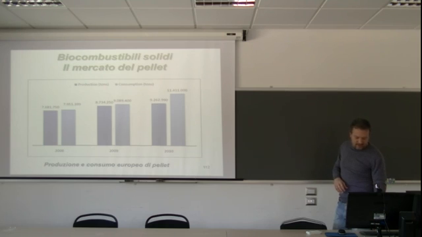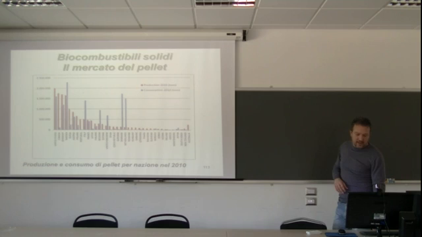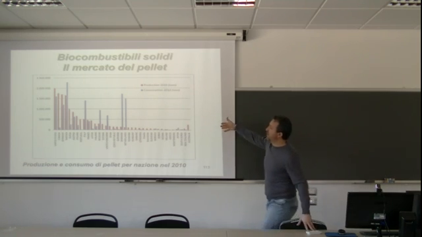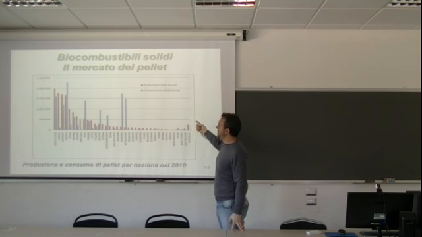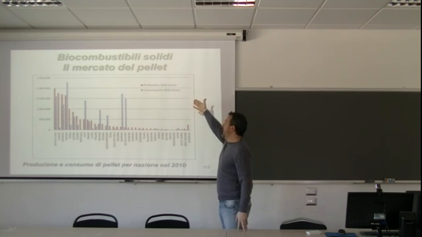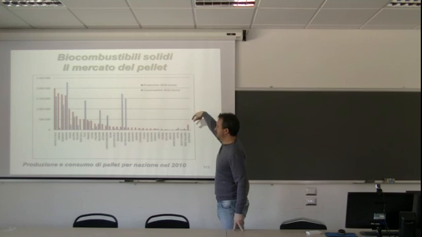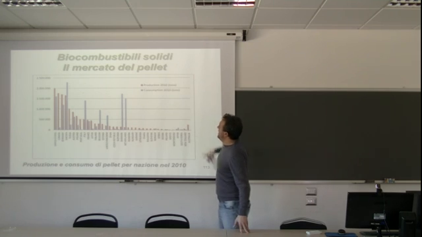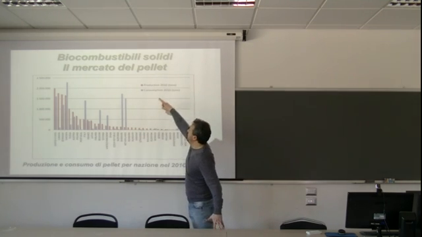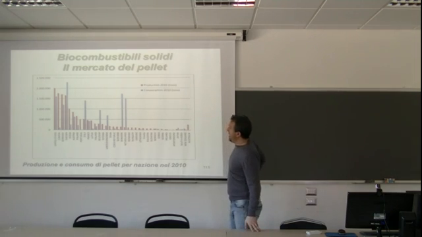Okay, this is the market of pellet in the world, in Europe, divided by country. And another important thing, you can see the data is old, but it's useful to understand some things. Here you can see for each country, in red the production of pellet, and in blue the consumption of pellet.